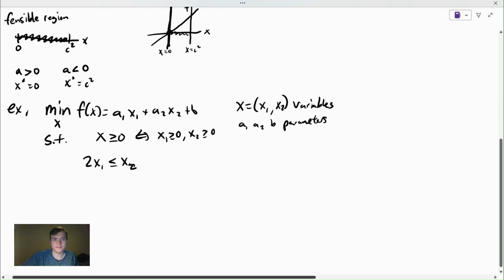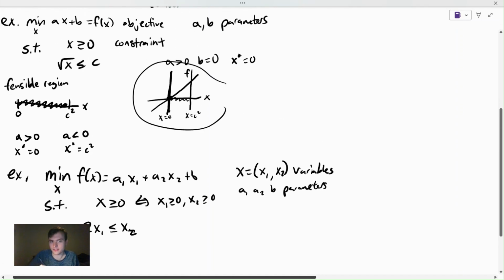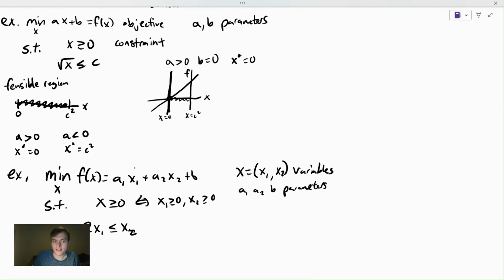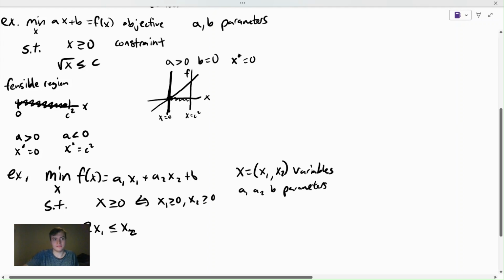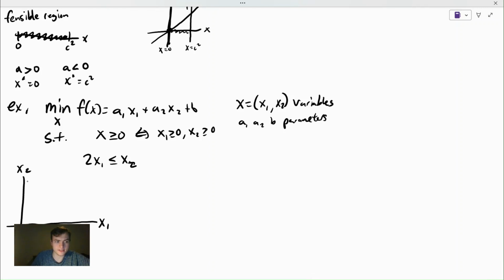So let's try. Last time we were able to use a 2D graph, x and f of x. Now we have x1, x2, and f of x, so it would be like a 3-dimensional graph. But really, it's just more helpful to graph the feasible region, which x we're finding the minimum over. So let's go ahead and do that, right? So we have x1, x2, and we have x greater than 0.